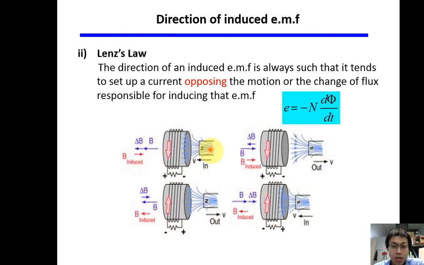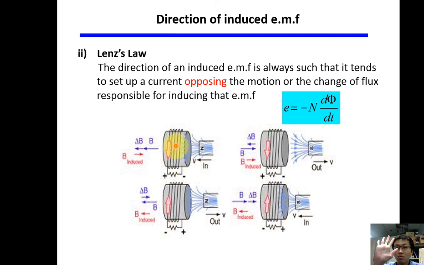So for example, in this situation where the North Pole creates the flux of B, suddenly it moves in. When it moves in, the flux will increase by changing in this direction. Then Lenz's law says the coil must create the induced EMF that will oppose the changes. So in order to create the opposing induced magnetic flux density, where does the direction of the current need to be induced?